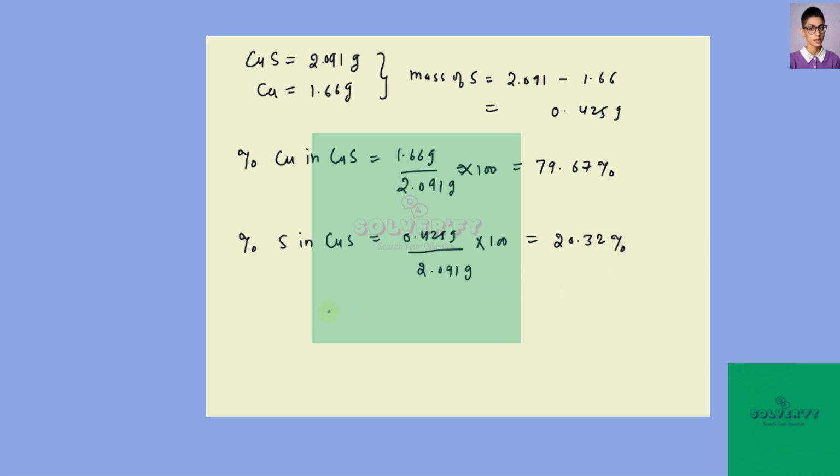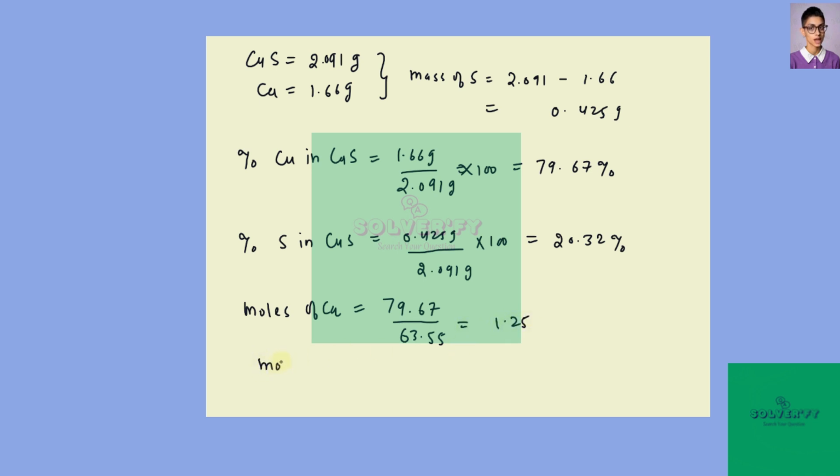Now we will find further the moles of copper in this copper sulfide molecule, which will equal the mass percent of copper in copper sulfide, that is 79.67, divided by the molar mass of copper, that is 63.55, which will give 1.25.